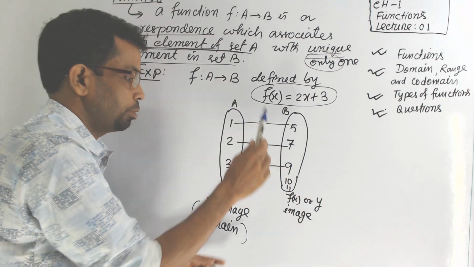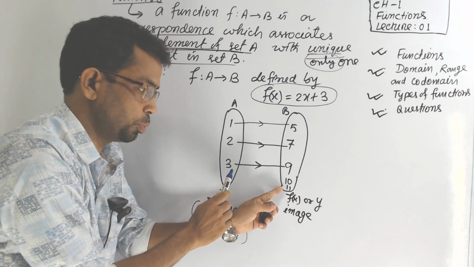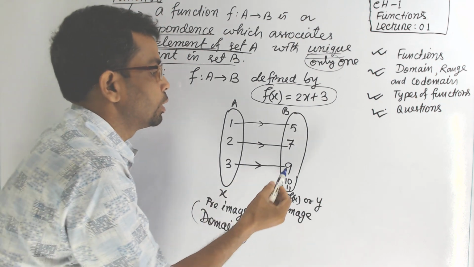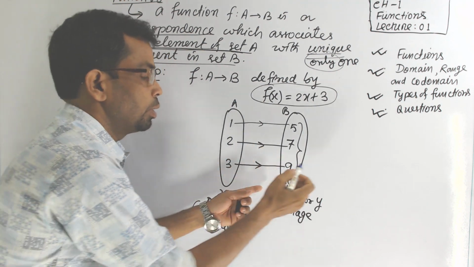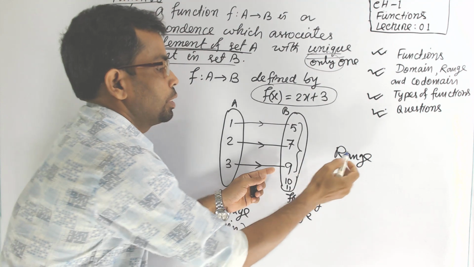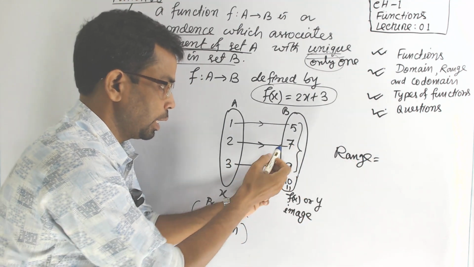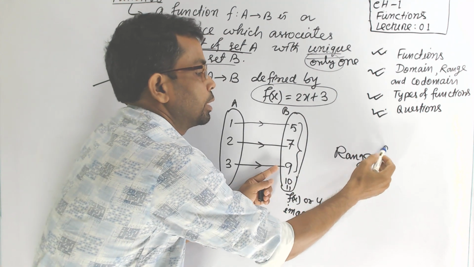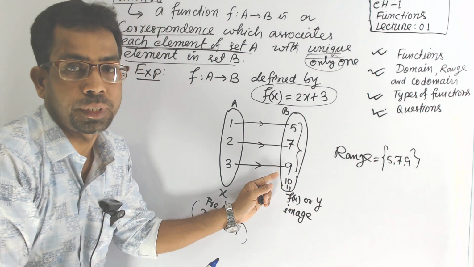According to the definition of function, there may be elements in set B without pre-images in set A. It is possible. And then, those elements in set B having pre-images in A make the range of the function. So in this case, the set of elements which have pre-images in set A are 5, 7 and 9. The set with 5, 7 and 9 makes the range of the function.